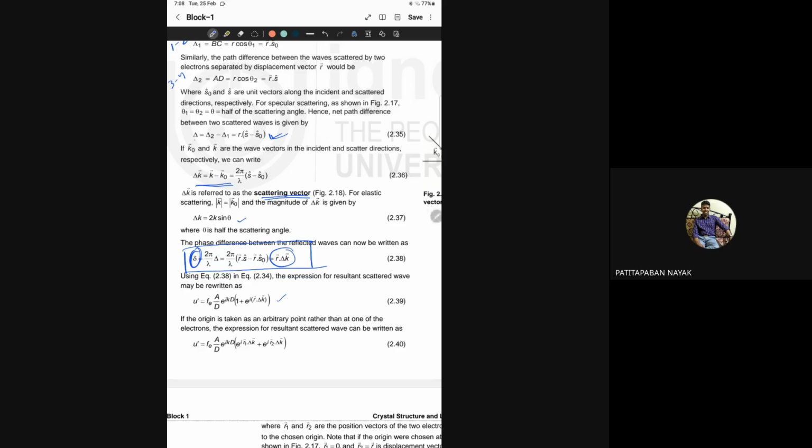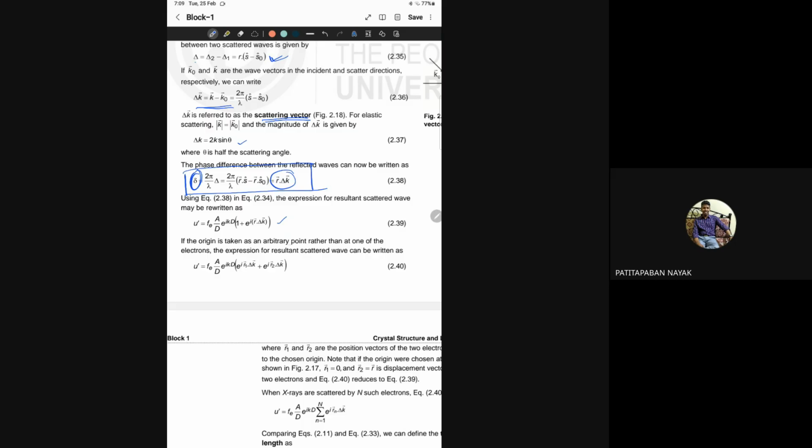Now if the origin is taken as an arbitrary point rather than at one of the electrons, the expression for the resultant scattered wave can be written as, instead of 1 plus e to the power i r dot delta k, e to the power i r1 dot delta k plus e to the power i r2 dot delta k. What is the difference?